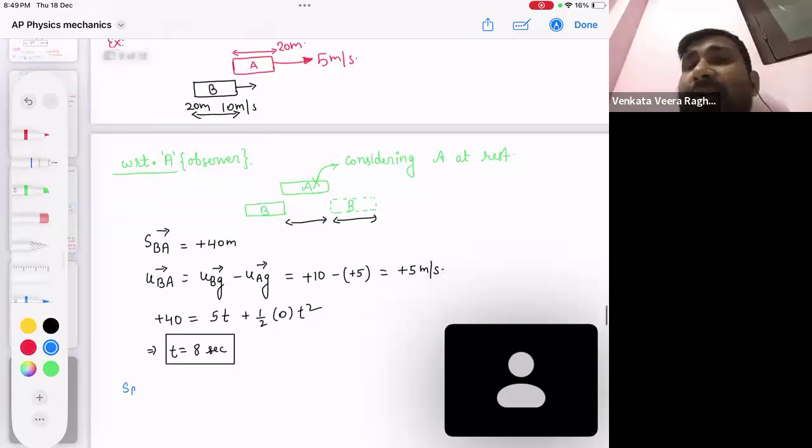What is the relative displacement, and the relative initial velocity? Using the equation, find the time. Next, they will ask what is the displacement of B with respect to ground, which we have as 80 meters.